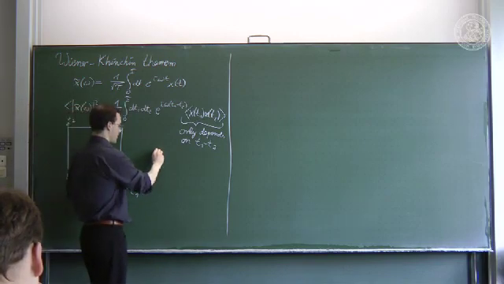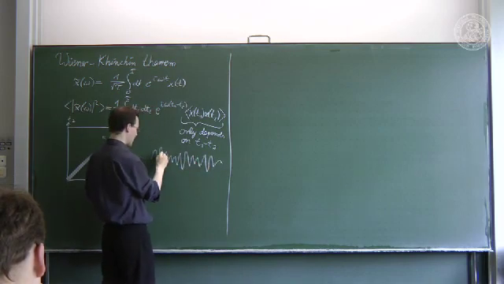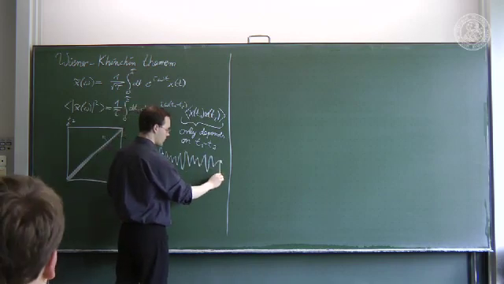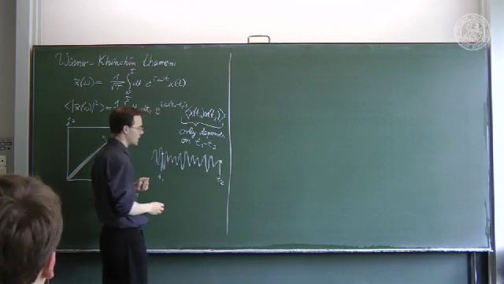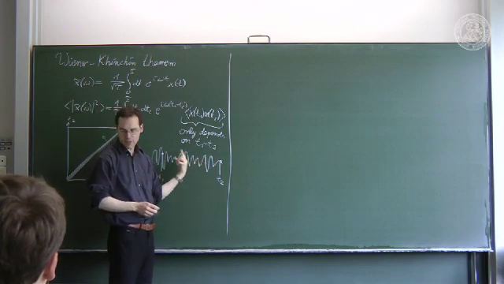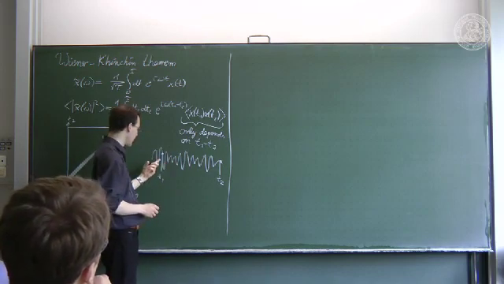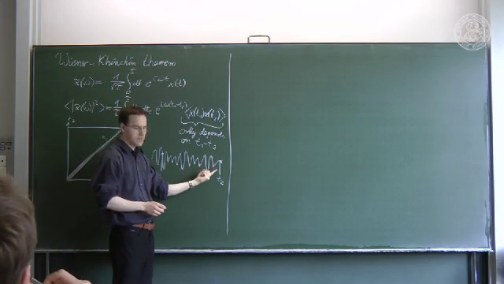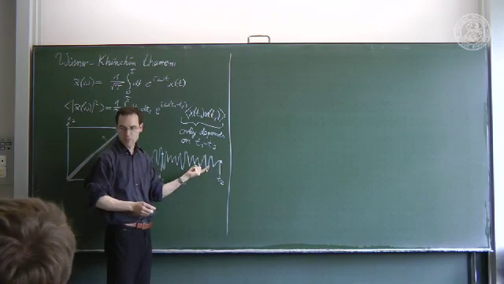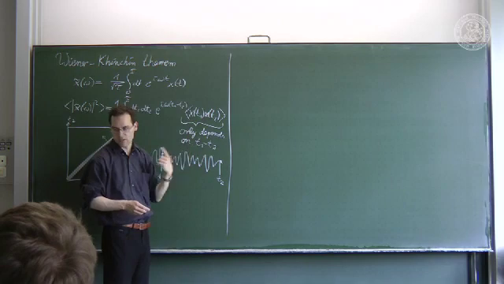So this is my fluctuating curve, and I take T1 here, I take T2 at some completely different, far removed time, then both the amplitude and the phases at this point will have nothing to do with the amplitude and phase at that point, and as a consequence, x of T1 will fluctuate completely independently from x of T2, and if both have average 0, then the correlator here just vanishes.